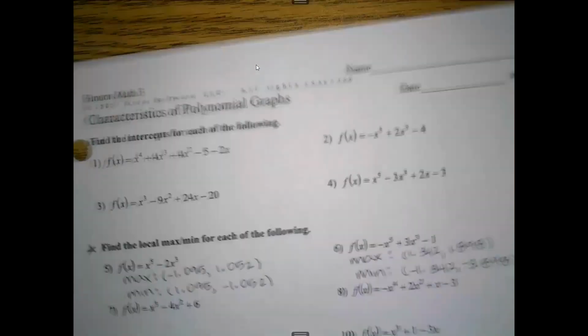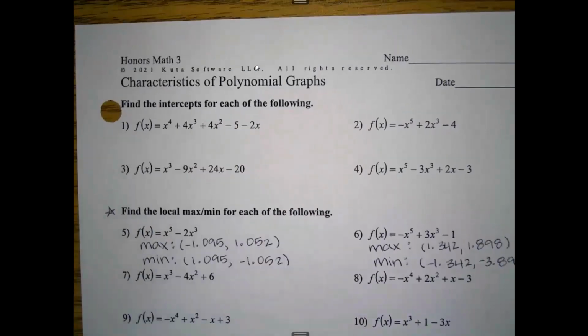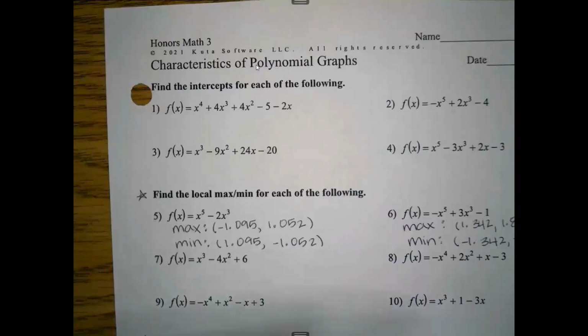Okay. So doing the front, we have to find the intercepts. What should we do? Well, Miss Rice, you should put it into Desmos. Okay, let me get on Desmos.